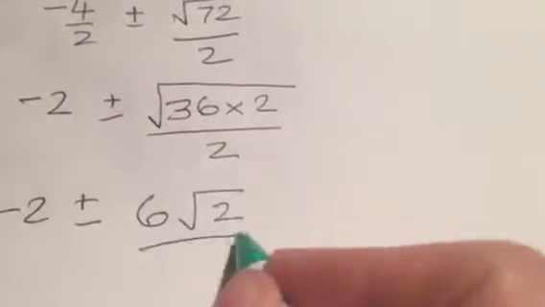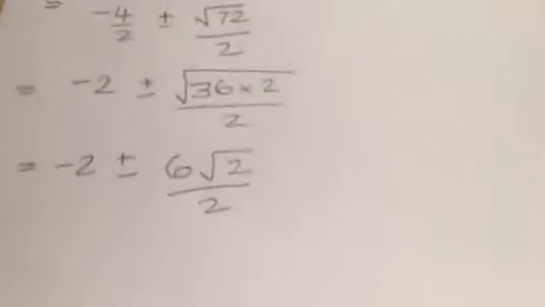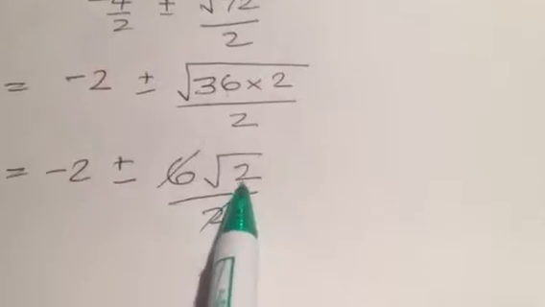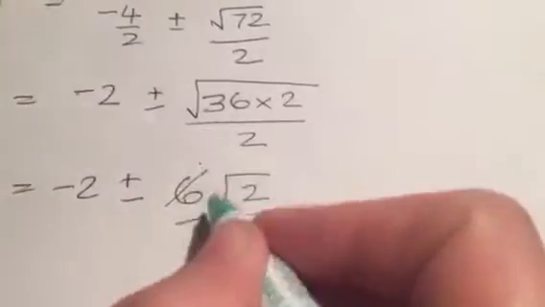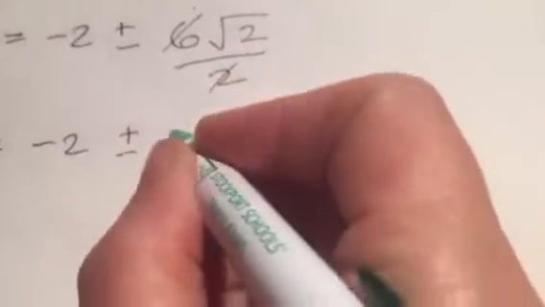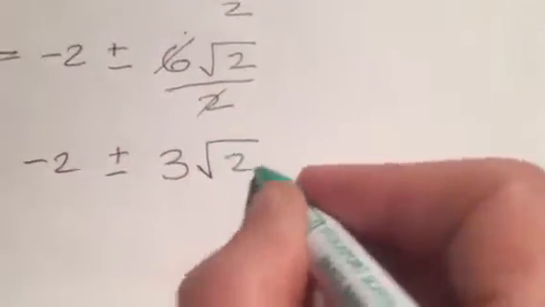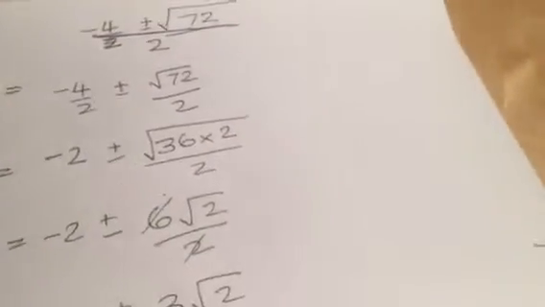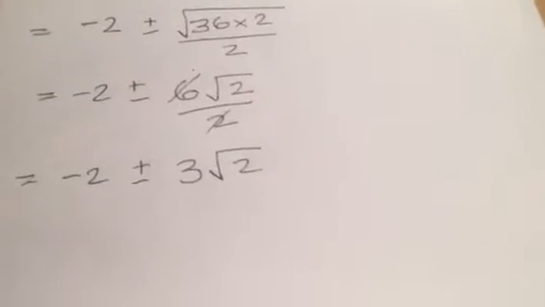I've still got root 2 under the square root, and it's over 2. Now the bit that I can cancel is the 6 and the 2. I can't cancel the square root, but I can cancel the 6 and the 2 to give me minus 2 plus or minus 3 times the square root of 2. So that's cancelling surds, particularly useful when you're using the quadratic formula.